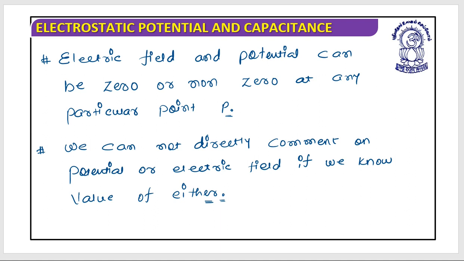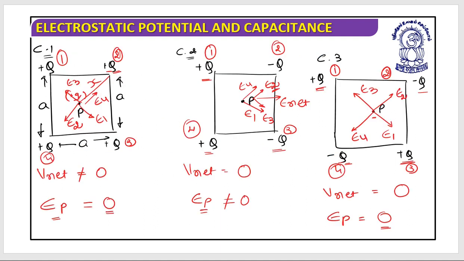But up till now, whatever we know, we cannot comment that if potential is zero, electric field must be zero, or if electric field is zero, then potential must be zero. No, we cannot say like this because we have seen the cases where net potential is non-zero but electric field is zero, where potential is zero but electric field is not zero, and in the third case they both were zero.